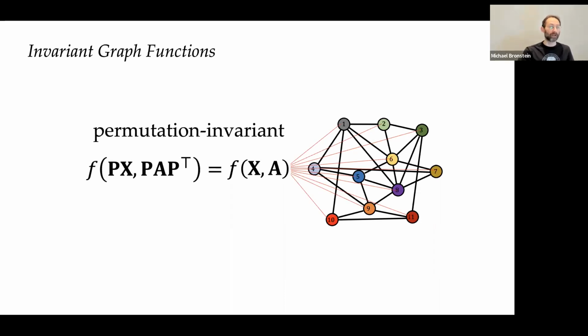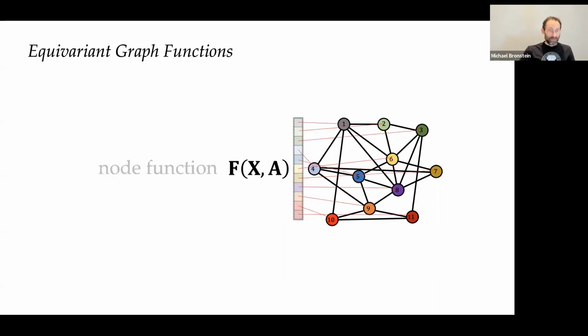So this is a mathematical condition for permutation invariance. I permute the inputs, and now the graph itself is also part of the input. This is very important. And we get the output that looks exactly the same. If I want to do node-wise predictions, so something analogous to the image segmentation from the computer vision example, or let's say I want to detect some bad users in a social network, in this case, I output node-wise representations.